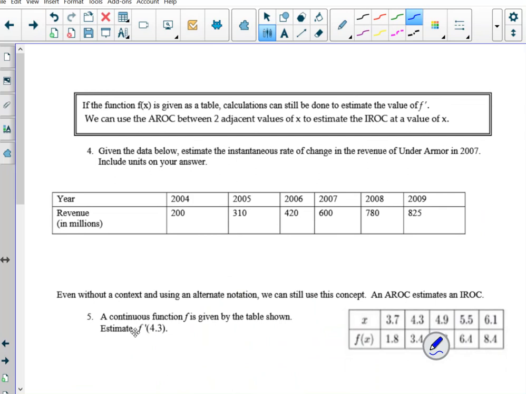As weird as it's going to seem, we can also use table data to estimate an instantaneous rate of change. So, let's look at this type of problem. Given this data below, estimate the instantaneous rate of change in the revenue of Under Armour in 2007.